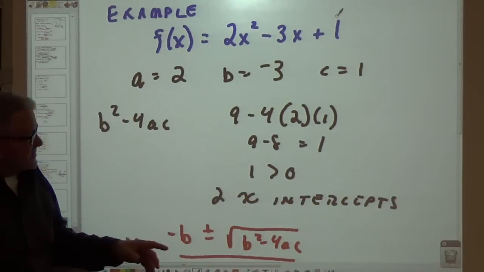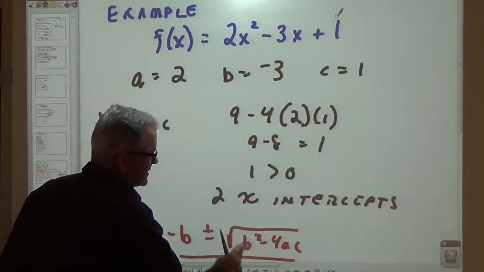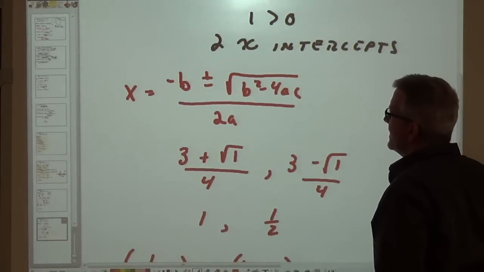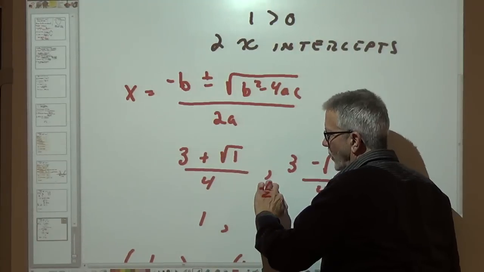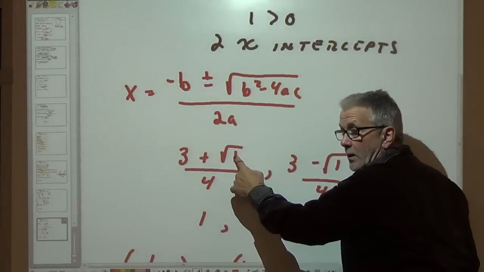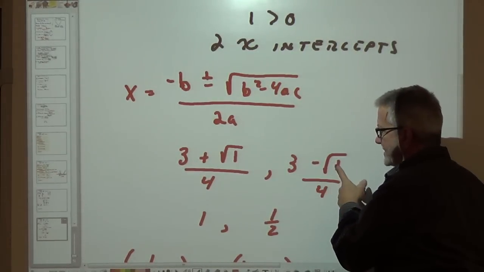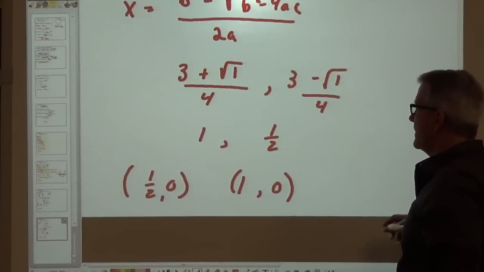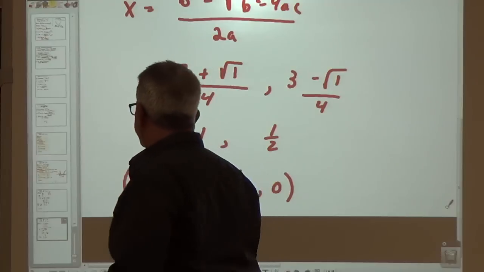And this makes it really nice, because the discriminant is 1, and the square root of 1 is 1, so it's easy to find the x-intercepts. Since b was -3, it's 3 plus the square root of 1 over 4, comma, 3 minus the square root of 1 over 4. 4 over 4 is 1. 3 minus 1 is 2 over 4, which is 1/2. So my x-intercepts are (1/2, 0) and (1, 0).